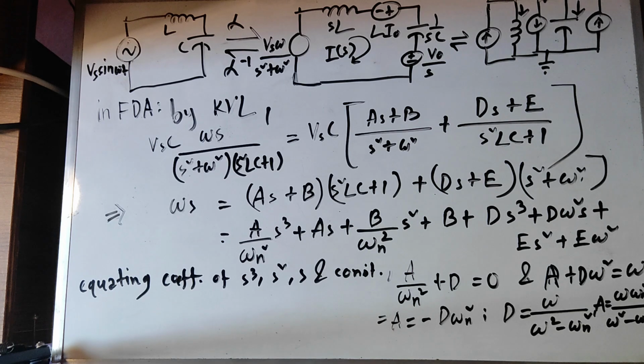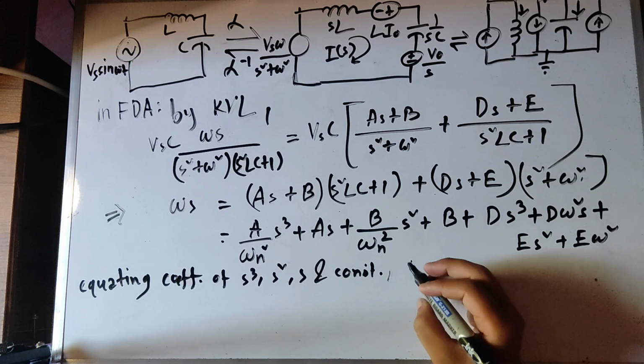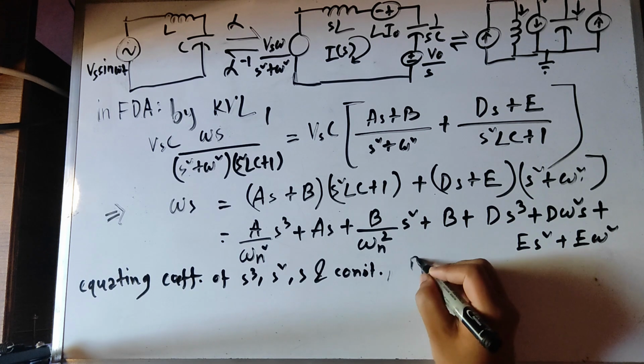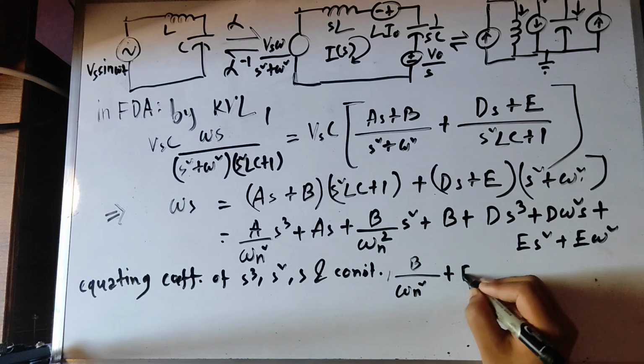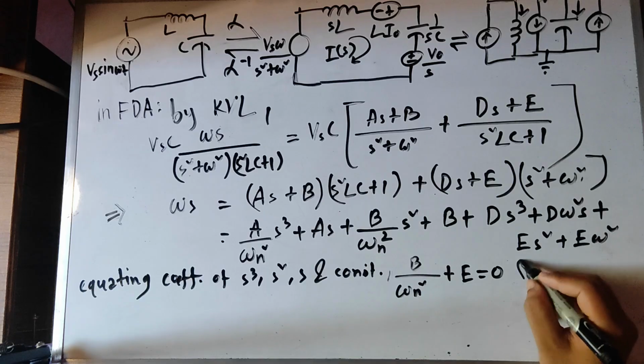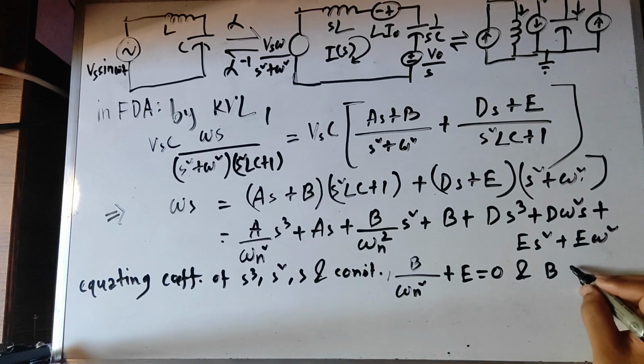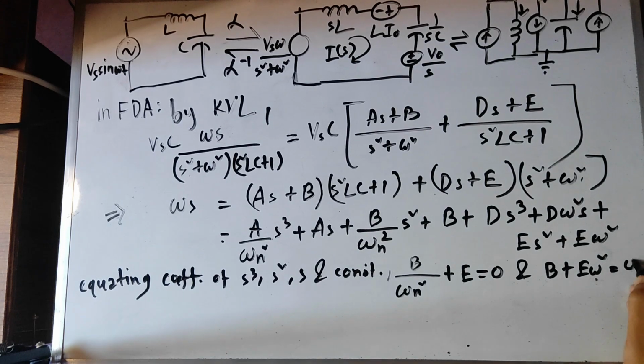So here we found our answer: D is omega / (omega square minus omega n square), and A is omega n square / (omega square minus omega n square). Coefficients of S square give B/omega n square + E equals 0, and the constant term gives B + E omega square equals 0.